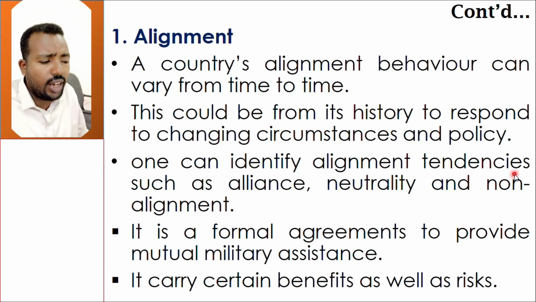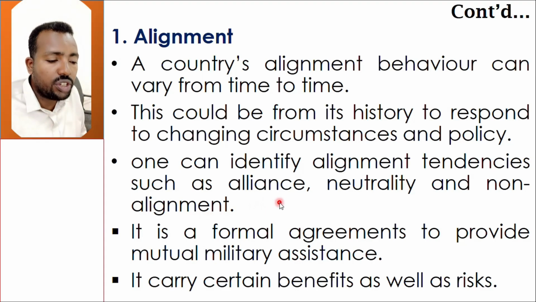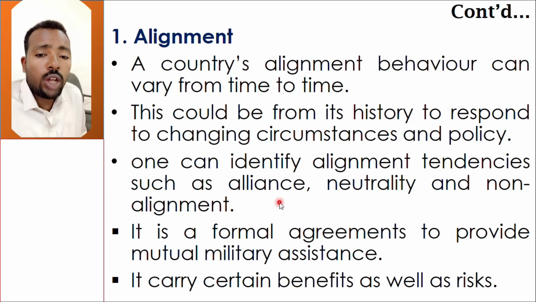One can identify alignment tendencies such as alliance, neutrality, and non-alignment. So there are different aspects in which this alignment could take place, but these are also important to take into account so as to improve the function of that alignment.